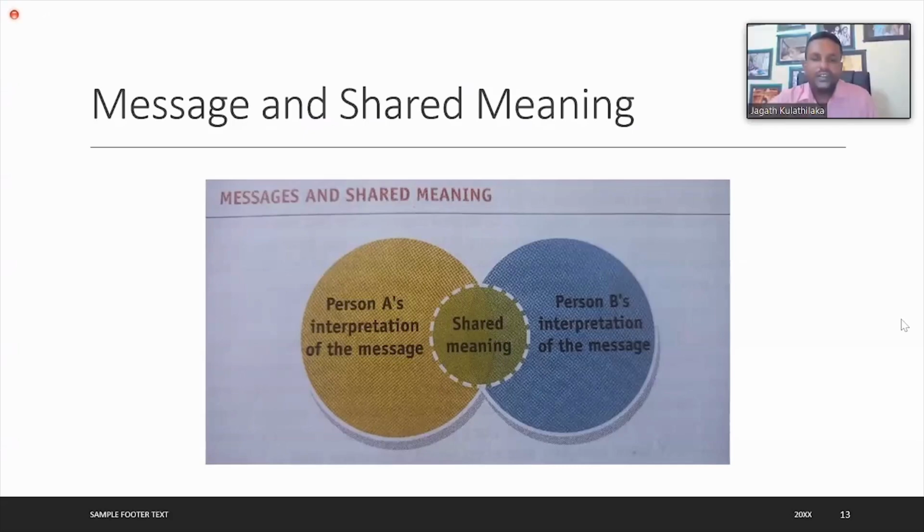And you are listening to it, you are hearing it, and you are trying to interpret it in your own way. Then at the end of the day, we should develop a shared meaning. Only if the message I intended, when received by you, is interpreted and understood the same way, does this lesson become successful.